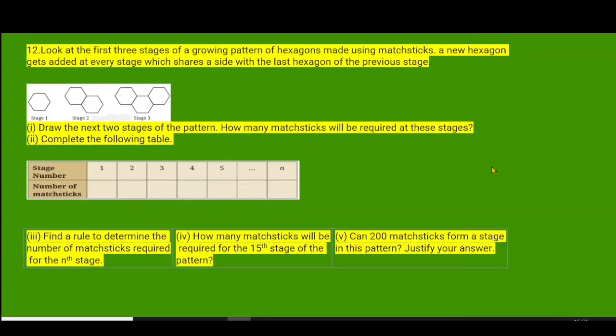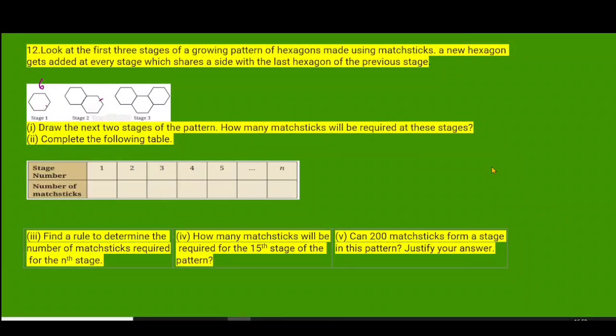So in the first stage we have 6 matchsticks. Then one side is shared and another hexagon is made, and then again another. The first question: draw the next 2 stages of the pattern. How many matchsticks will be required at these stages?